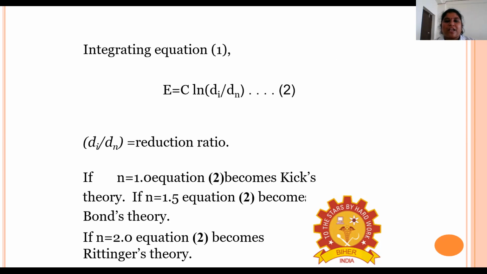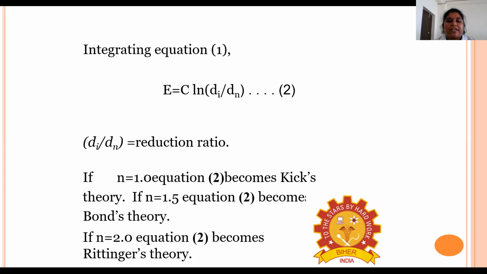So it is the ratio of the initial to the final particle diameter that gives how much energy we have given to the particle to get the size reduced.